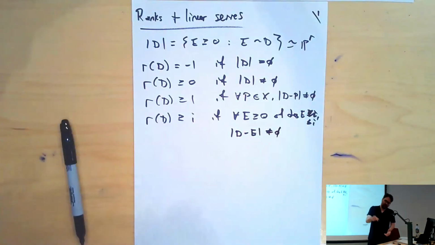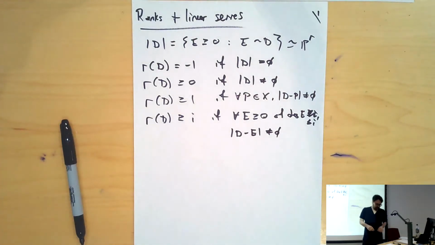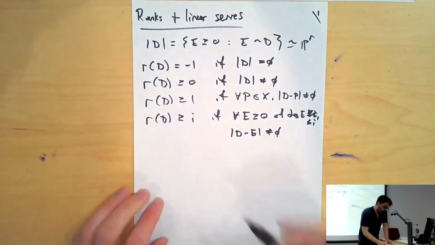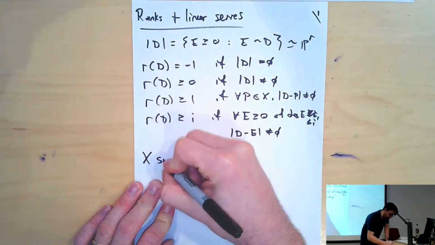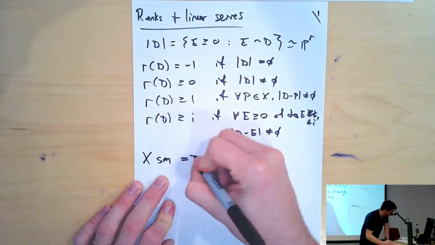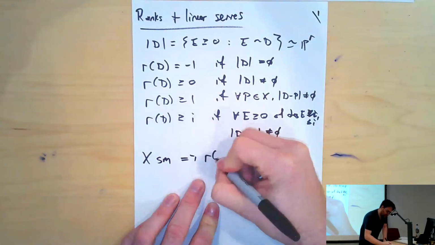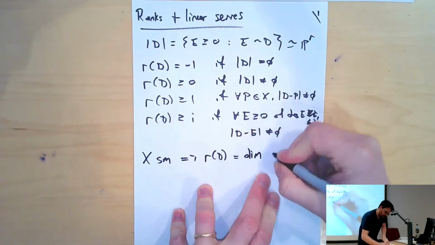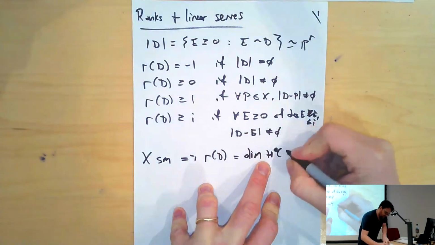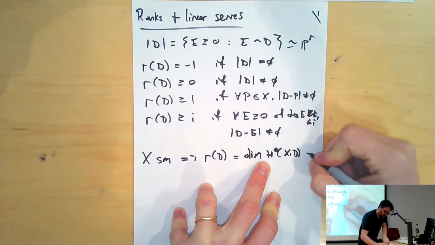So this is like saying if I put i many negative points, or add i many negative points to our divisor, there's still some linearly equivalent effective divisor. And at first, this seems like a lot of work for nothing, because if X is smooth, then the rank of D is the dimension of H^0 of X, D, minus 1.